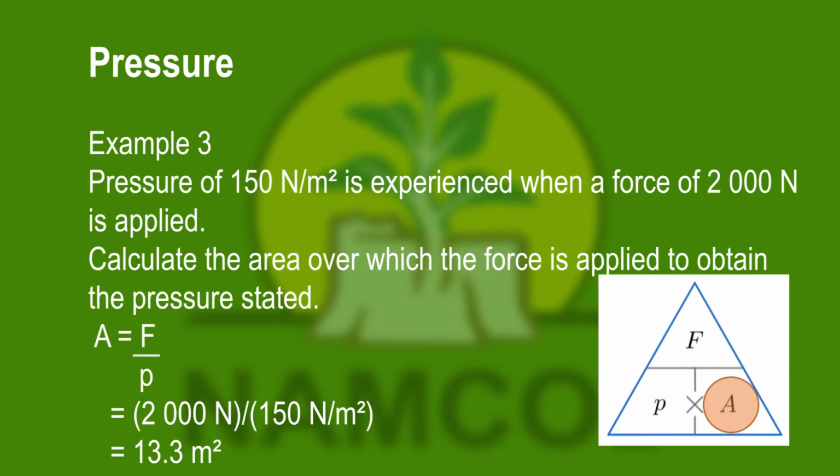We're looking for area, so constructing the triangle and covering up the A, we must divide the force by the pressure. So A is equal to F divided by P, and that is equal to 2000 Newton divided by 150 Newton per square meter, and that is equal to 13.3 square meters.